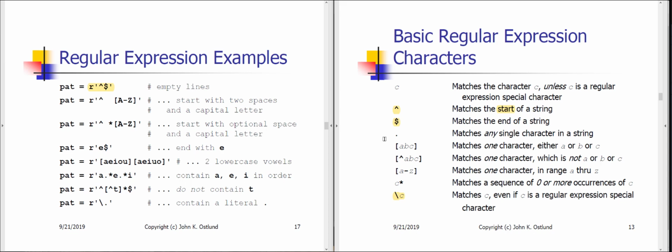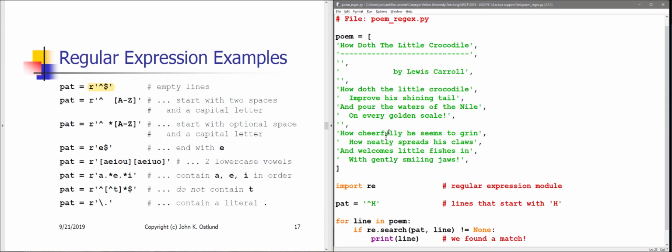Let's take a look at our little program. And instead of caret H, I'm going to say caret dollar. I'm also going to put my R in front. I'm now going to display lines that contain no characters, where the beginning is right next to the end.